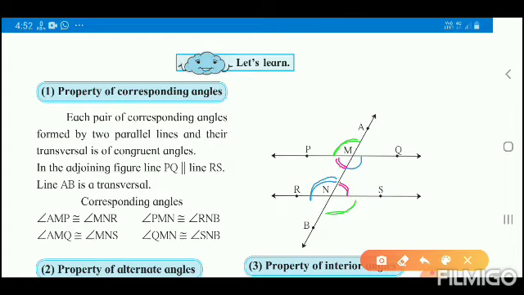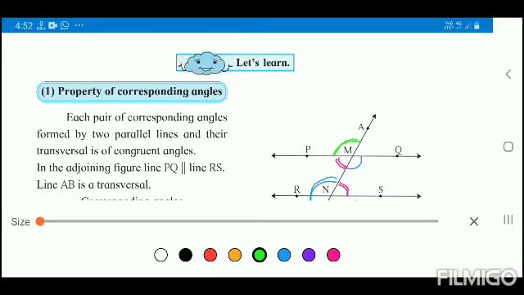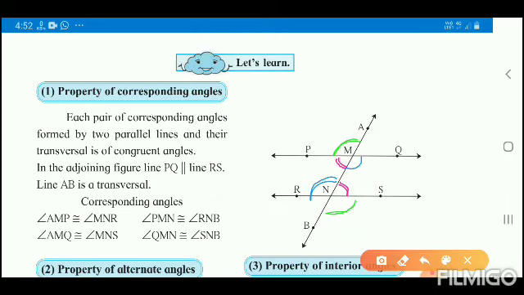Okay, this angle. Now the last pair of alternate angles, that is AMQ. It is congruent with angle RNB. These are the pairs of alternate angles.